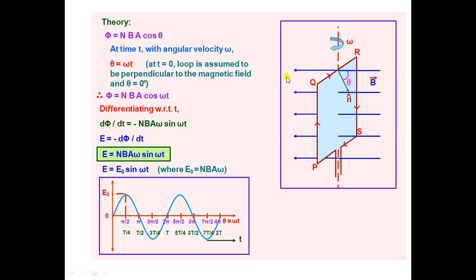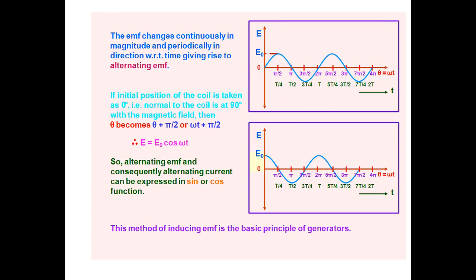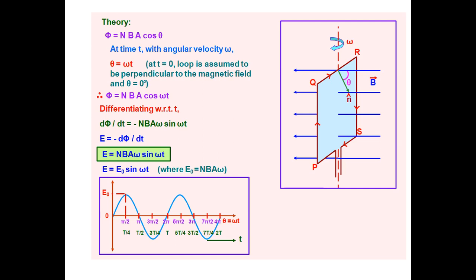Then we differentiate with respect to time. If phi is equal to NBA cos omega t, then differentiating with respect to time, the rate of change of magnetic flux d phi by dt is equal to minus NBA omega sine omega t.